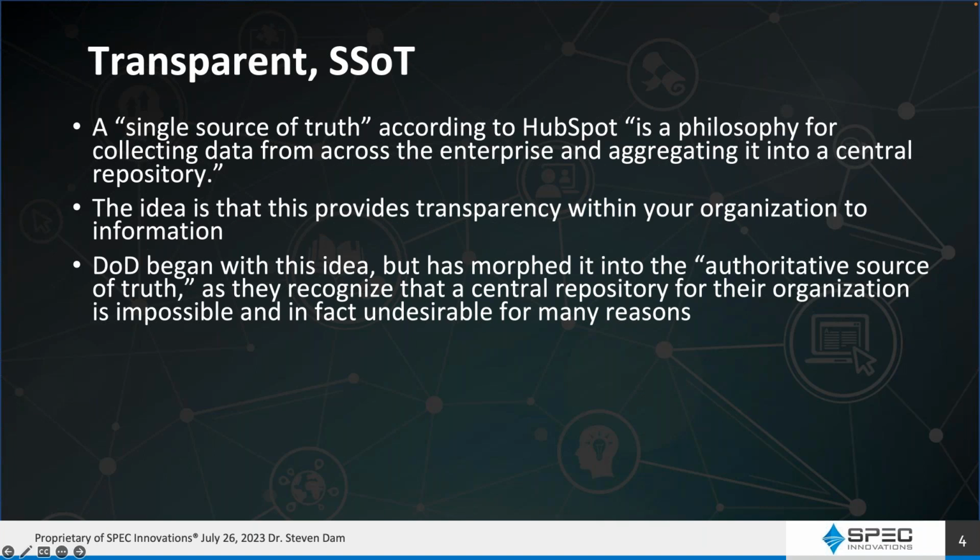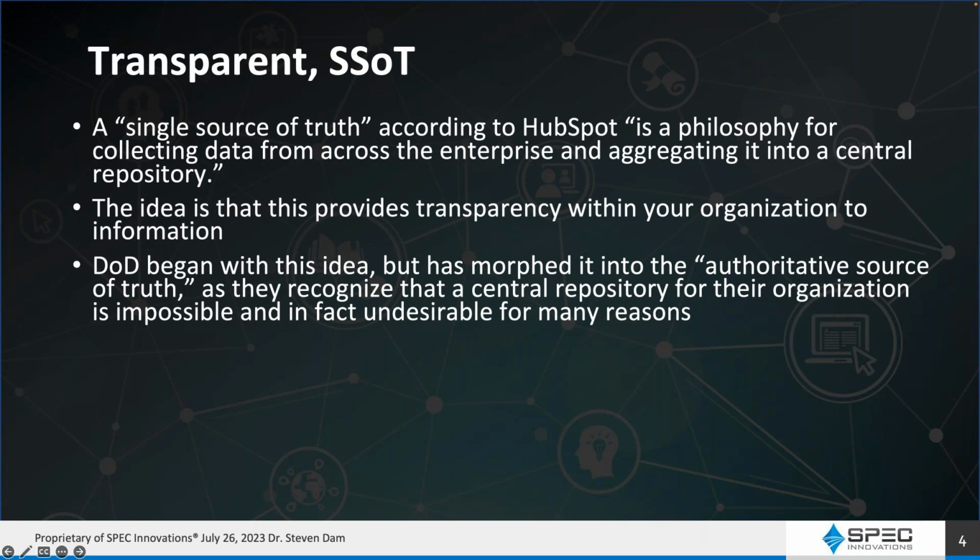So the Department of Defense actually began with this idea when they created their digital engineering strategy. But they very rapidly moved to something they're calling the authoritative source of truth. Because they recognized that the central repository idea, particularly for as broad and big an organization as DoD, is really impossible and probably isn't even desirable for a lot of reasons: security reasons, need-to-know issues, things like that.